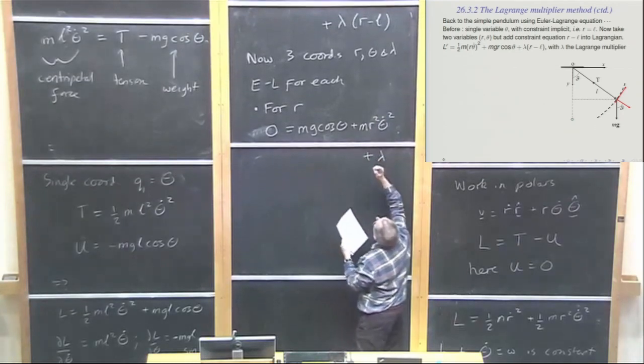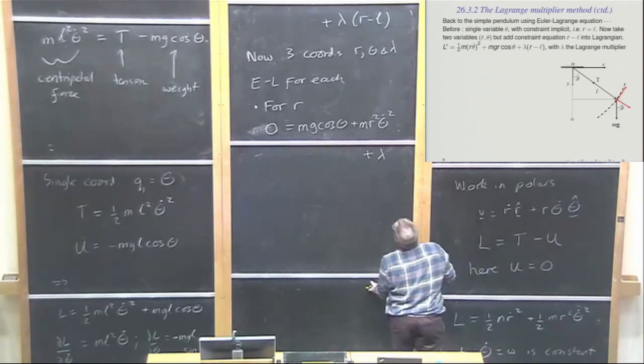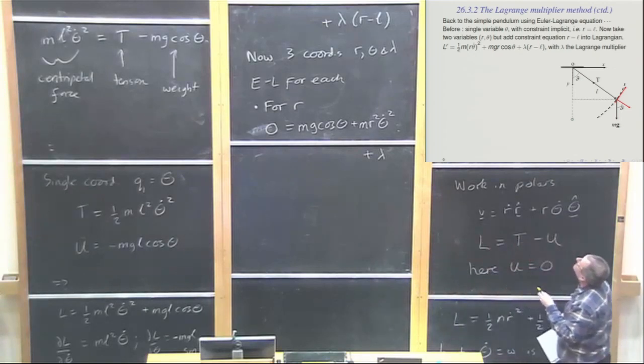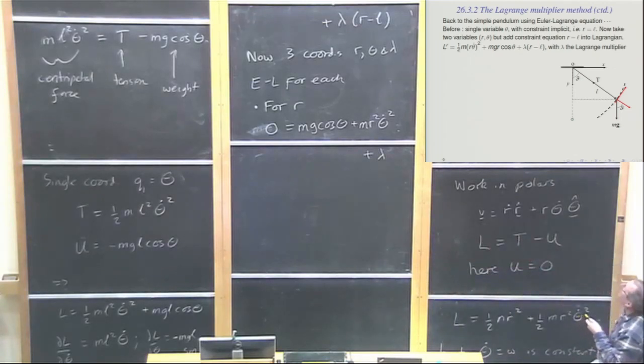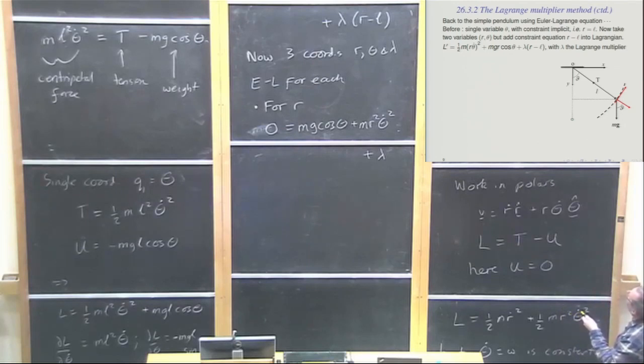In words, I hope it's clear where that's come from: the Lagrangian has no dependence on r dot, so that's why you've got a 0 on the left-hand side. On the right-hand side, there's just this differentiated with respect to r, so that gives this term, this gives that term, and then one must allow for lambda times r minus L, so that gives a plus lambda.